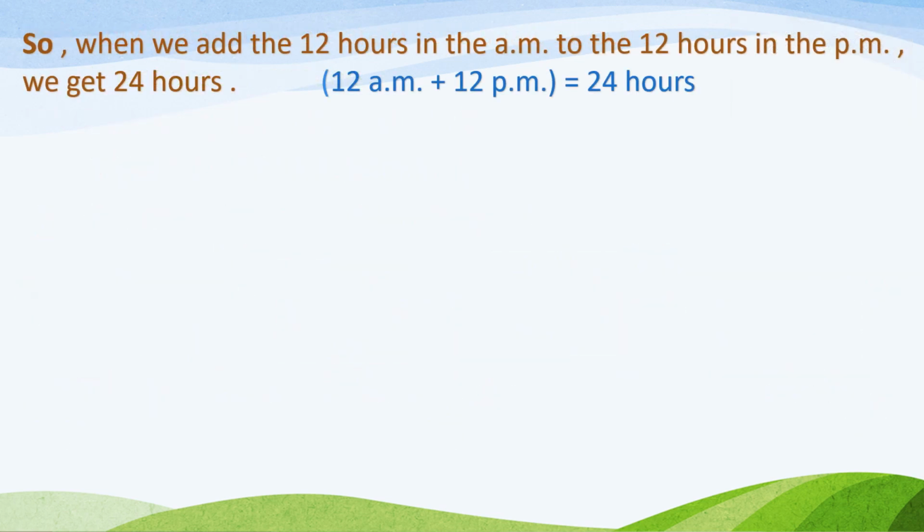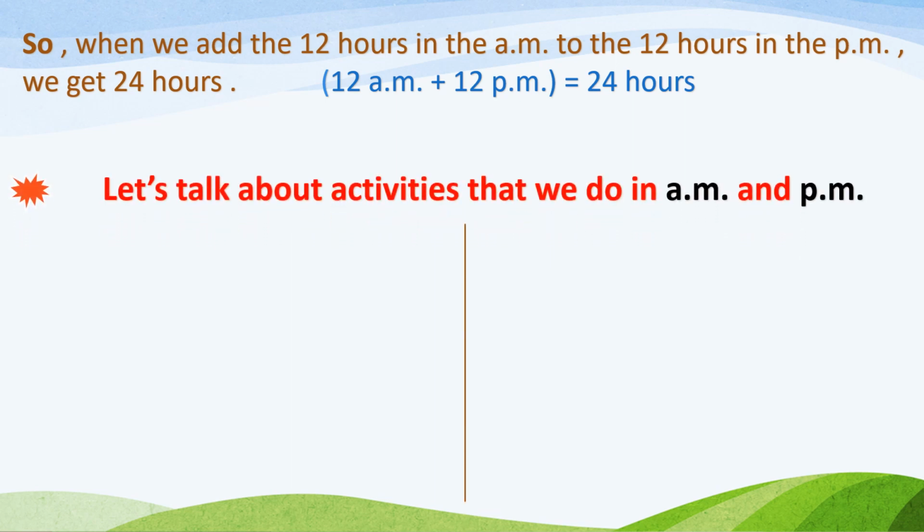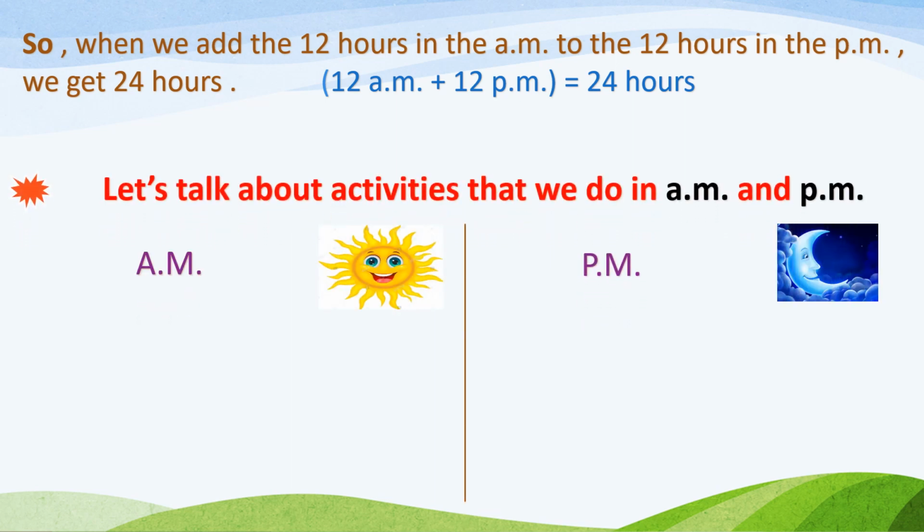So when we add the 12 hours in the AM to the 12 hours in the PM, we get 24 hours. 12 AM plus 12 PM equals 24 hours.